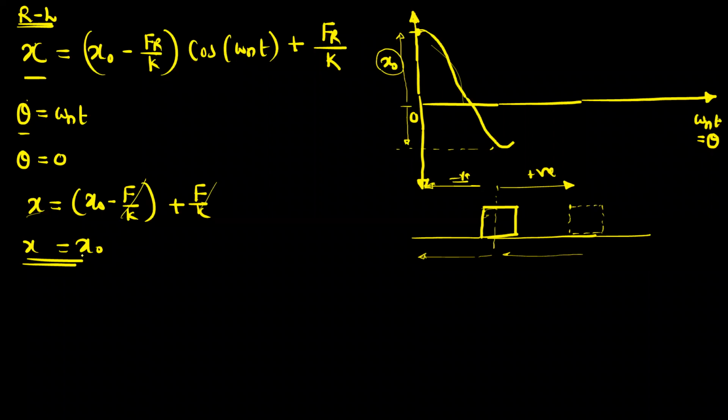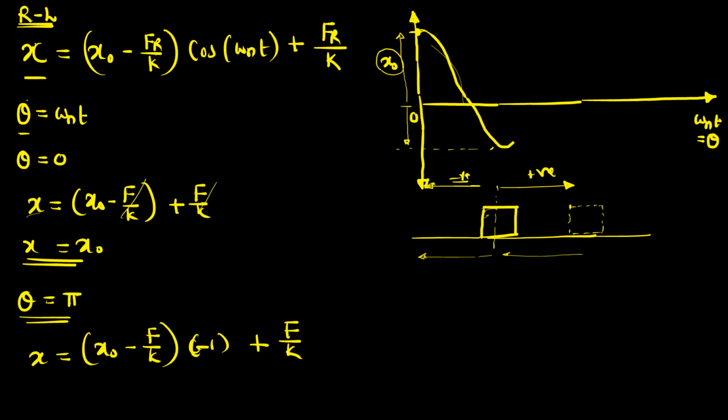So when theta is equal to pi, put the value in this equation. So x is equal to x0 minus f upon k, cos pi is minus 1, so this is minus 1, plus f upon k.